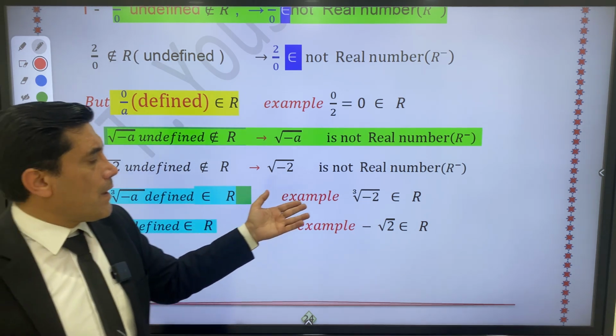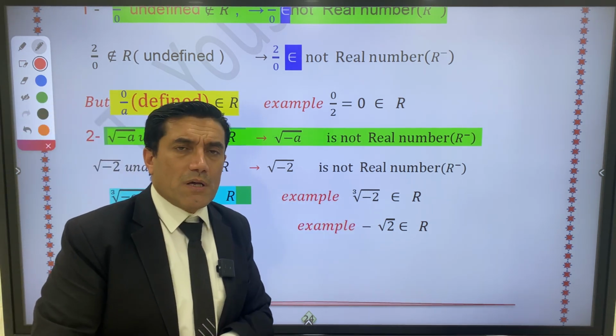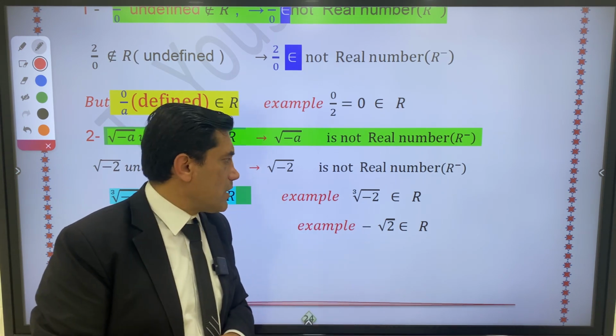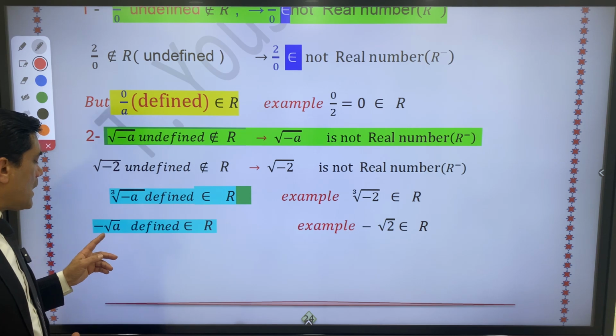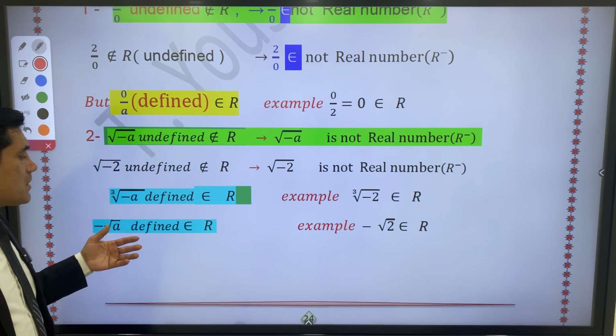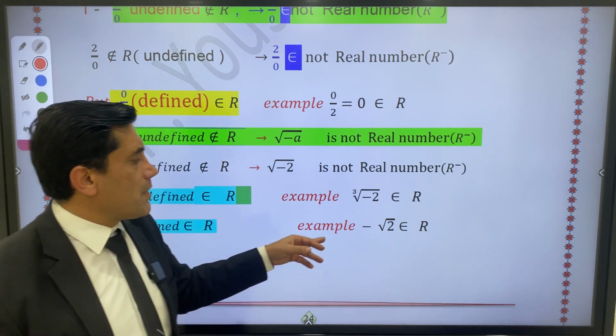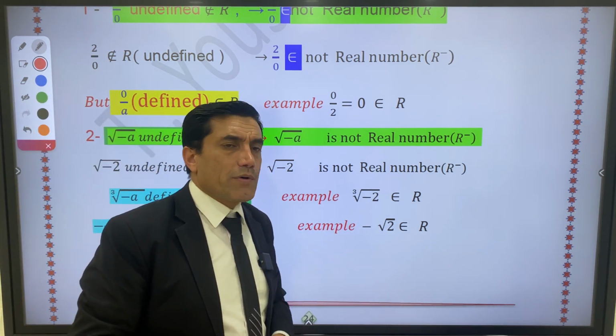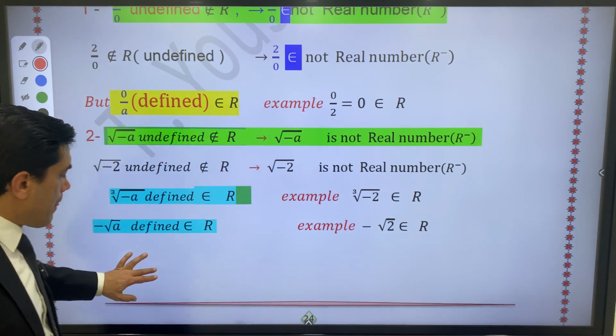For example, cube root of negative 2 belongs to real numbers, yes. And when we have a negative before the square root, is it defined or undefined? It is defined. Negative square root I is defined, it belongs to real numbers. For example, negative square root 2 belongs to real numbers, yes.